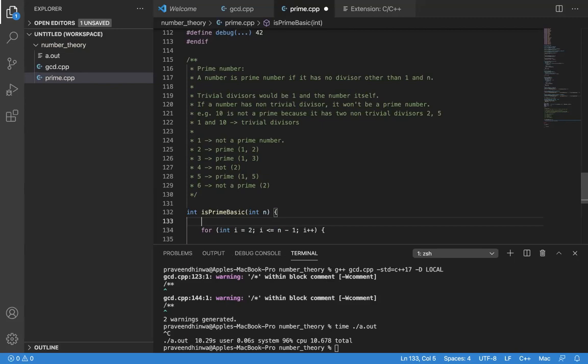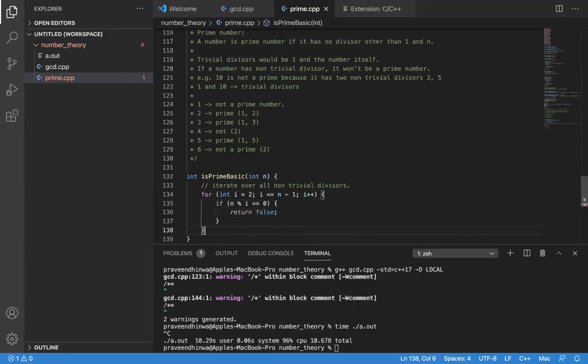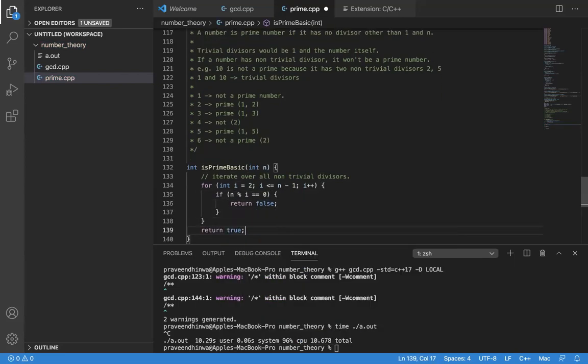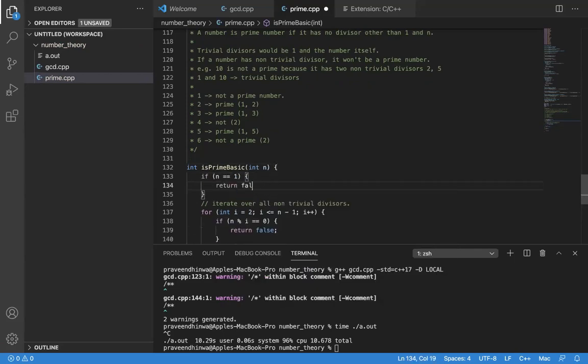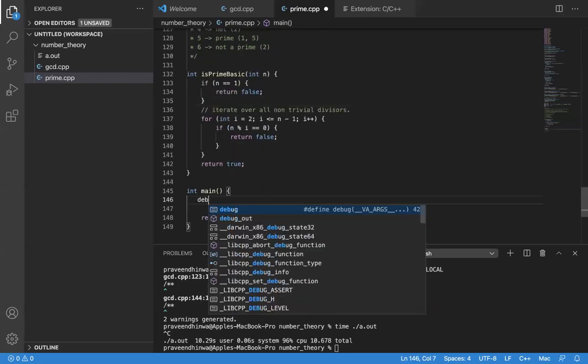So I iterate over all non-trivial divisors. If n % i is equal to 0, then you return false. Otherwise, you return true. But remember, if n is equal to 1, this is not a prime. Fine, so let's test this program.